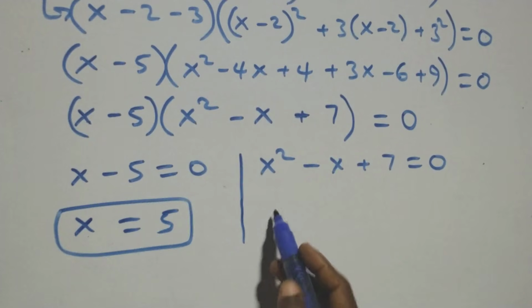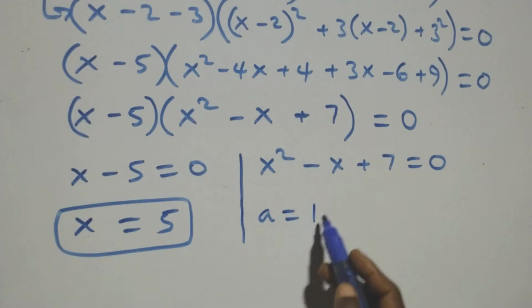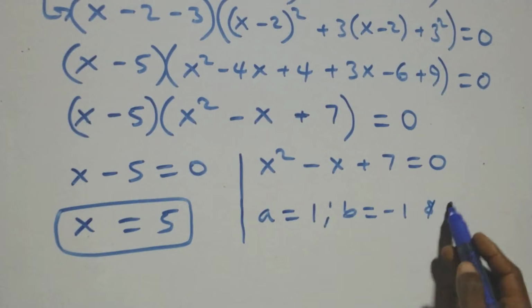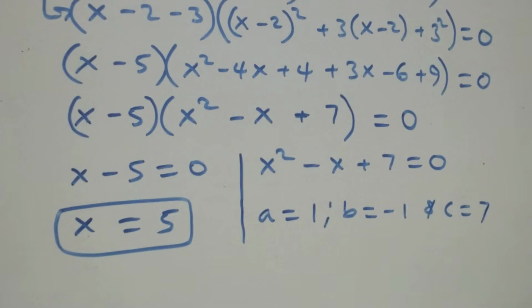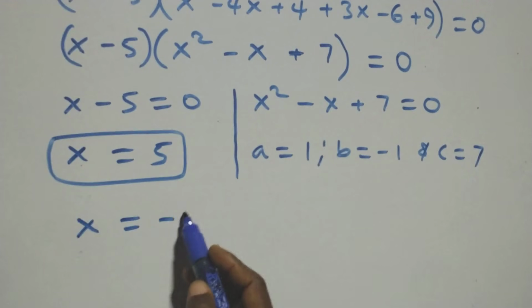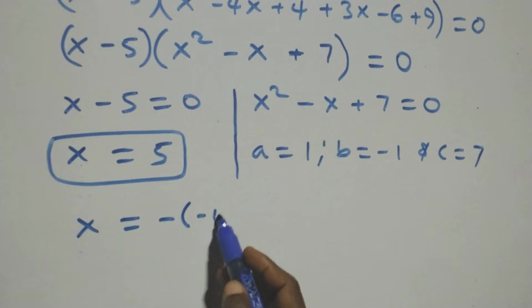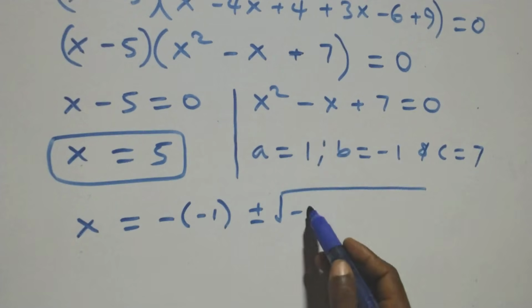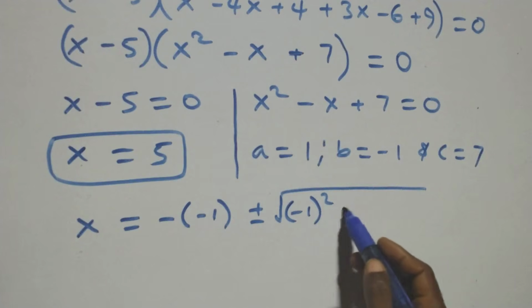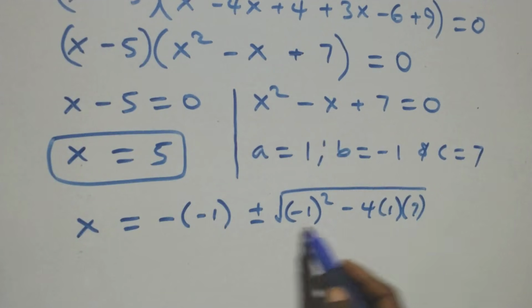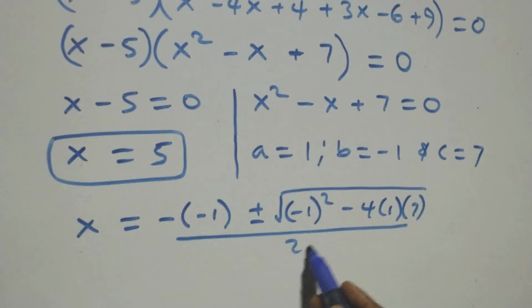Then here we have a quadratic equation where a equals 1, b equals minus 1, and c equals 7. Also, applying the quadratic formula, we have x equals minus (minus 1) plus or minus square root of (minus 1) squared minus 4 times 1 times 7, all over 2 times 1.